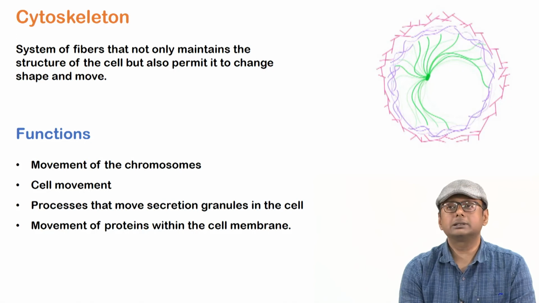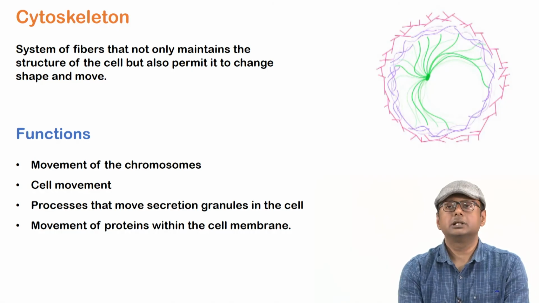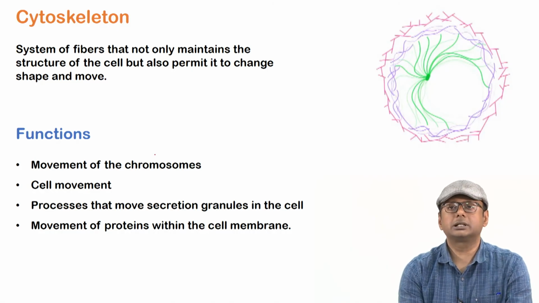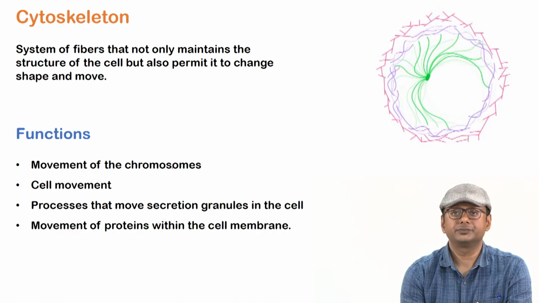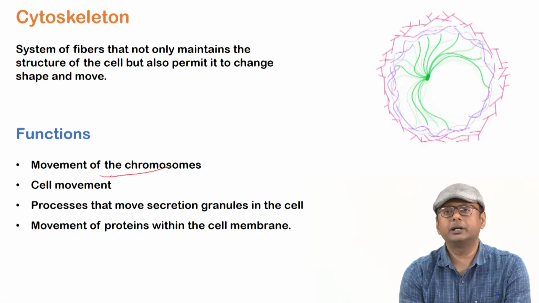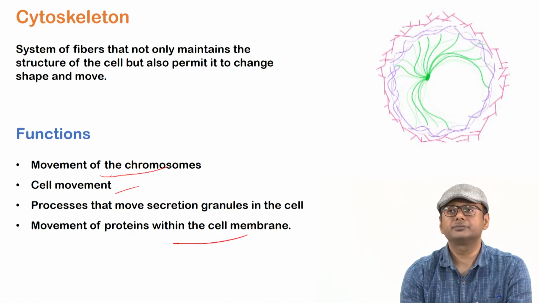All the organelles will come close to each other, hampering their normal functions. So basically the cytoskeleton gives structural integrity to the cell. Apart from that, it helps in the movement of the chromosomes, and the cellular movement of proteins with the cell membrane. So the cytoskeleton is, as you can see, a very important component.